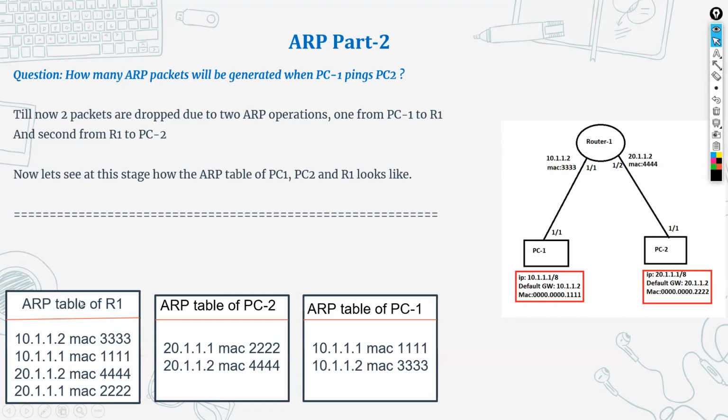At this stage, the ARP table of router 1 knows about its own IP and MAC for these interfaces, Ethernet 1/1 and 1/2. Also, it knows the IP and MAC of PC1 and PC2 as well. PC2 knows about the IP and MAC of its gateway. Similarly, PC1 also knows about the MAC and IP of its gateway address.